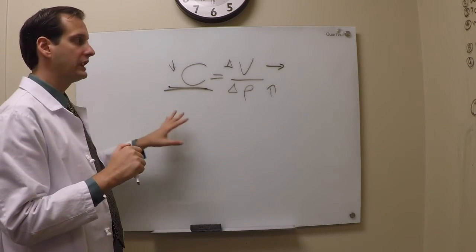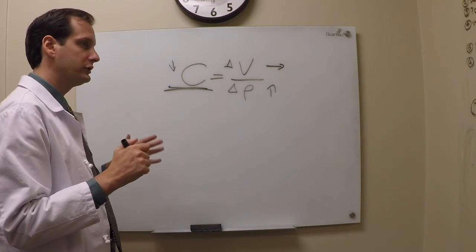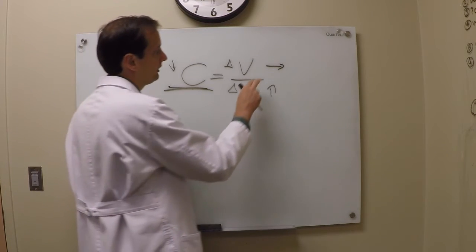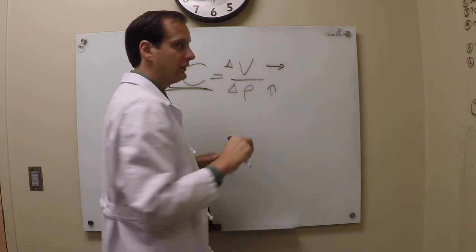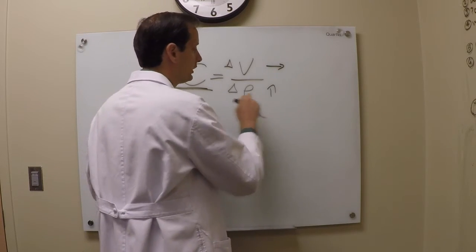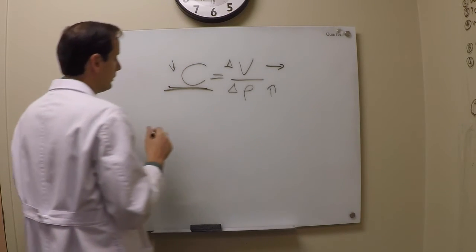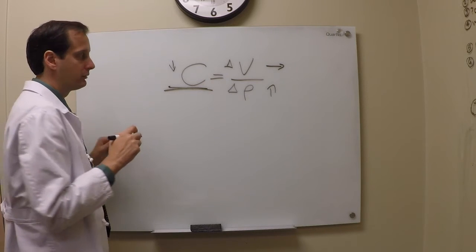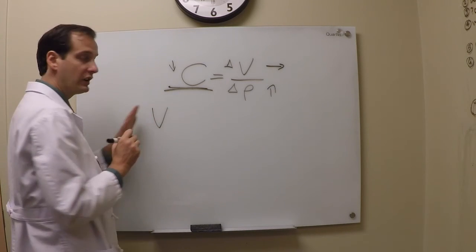And when you are mechanically ventilating patients, you have a choice. Do I want to keep my volume as a certainty, or do I want to keep my pressure as a certainty? So when you are in a volume cycle breath type, your volume is what's constant.